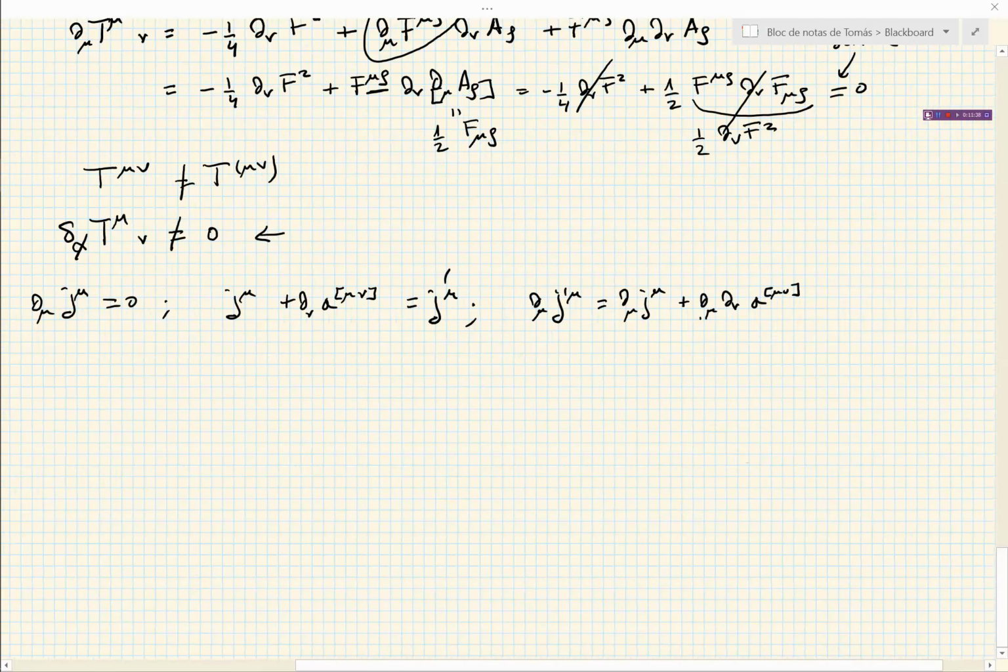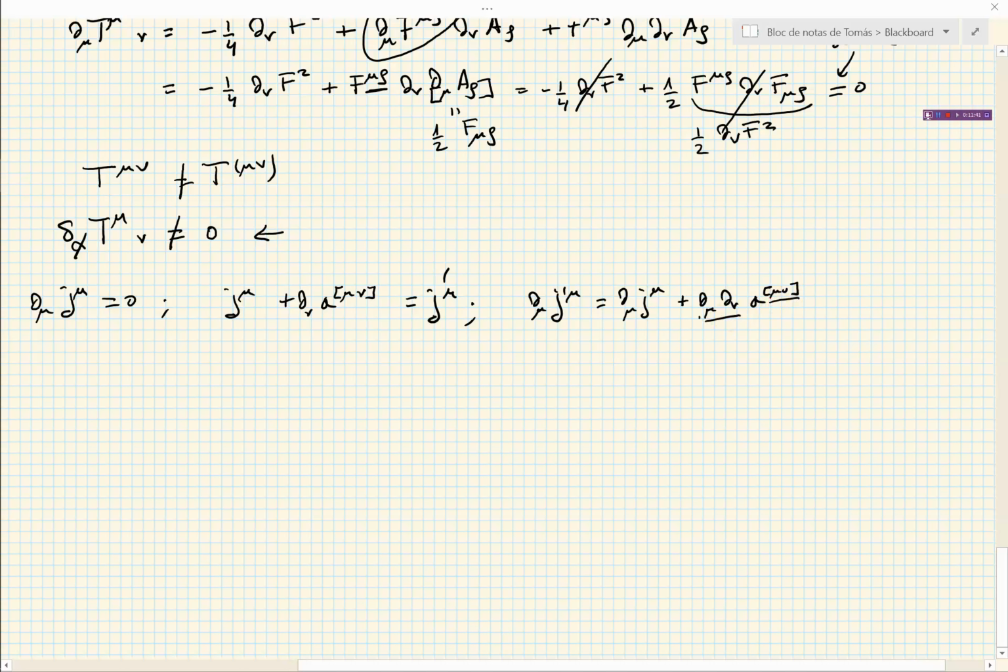But A is antisymmetric, and this is symmetric in mu nu, so this is 0, and again this is 0 on shell.